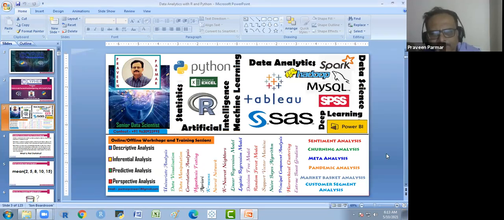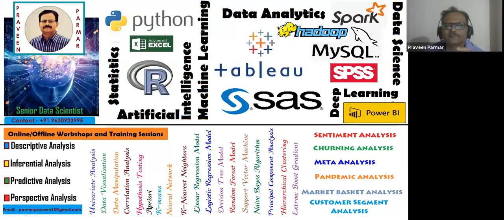So we are going to start the session for data analytics. You see here on the upper half of this slide, there are various tools and software, and some streams are shown over there like statistics, artificial intelligence, machine learning, deep learning, data science, and data analytics.